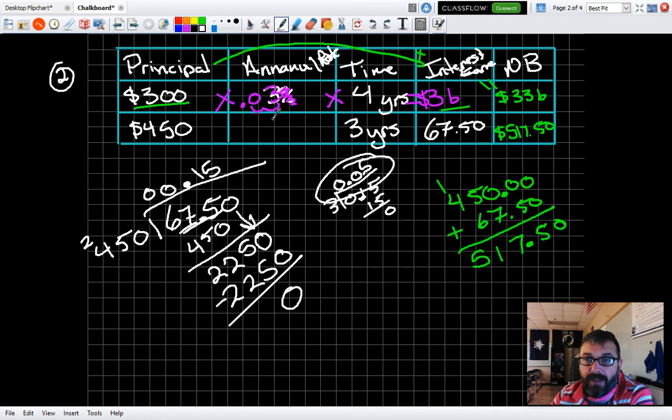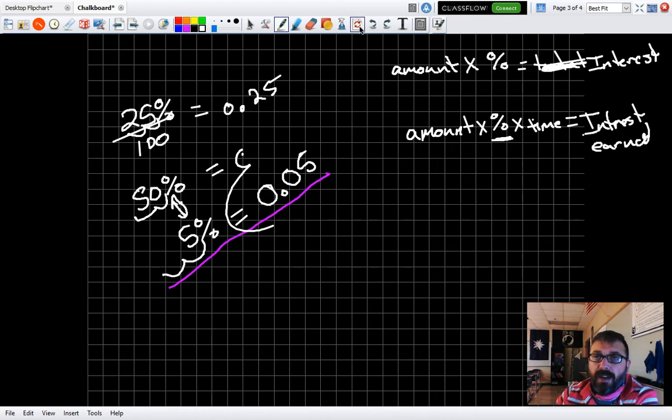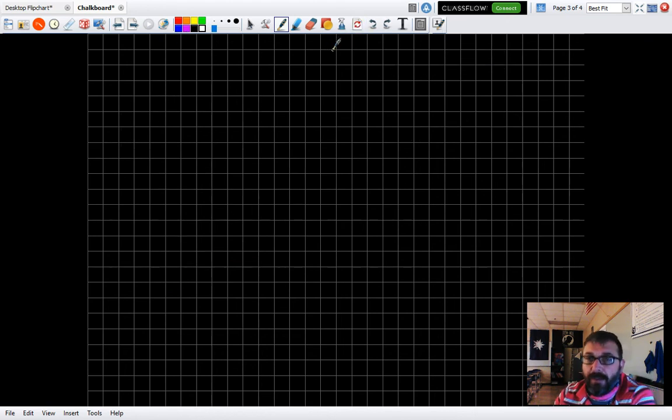So that means that the annual rate for this is 5%. And that's that. That's pretty much all there is to it. We are multiplying and dividing. The big thing is to remember that we are converting our percent into something usable. So let's take another look.